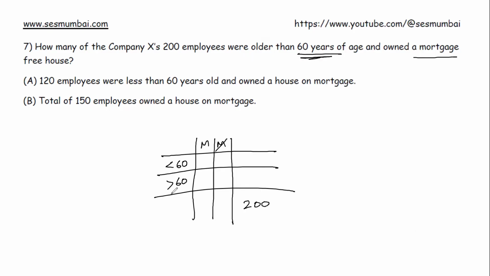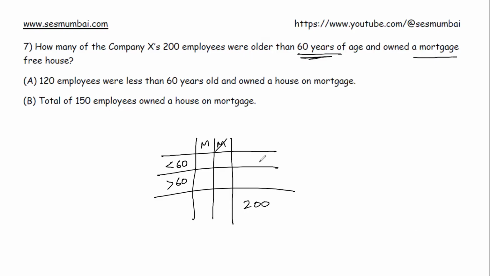One of them should be less than or equal to, or greater than or equal to. We'll figure that out from the question. So we have to find how many employees were older than 60 years of age and owned a mortgage-free house. Correct? So 120 employees were less than 60 years.